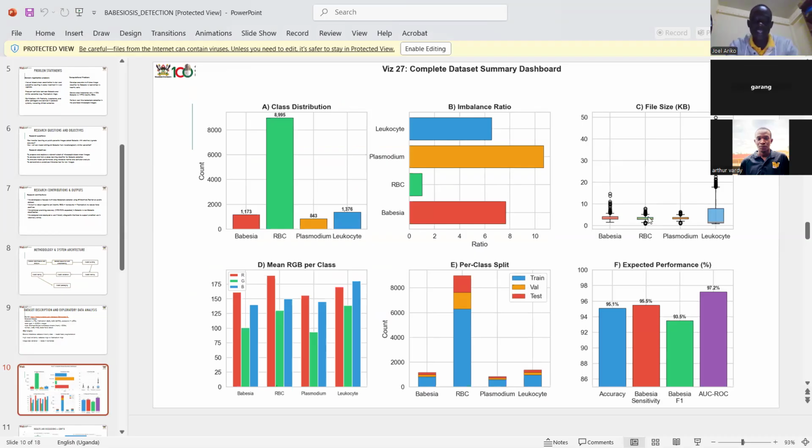Okay, all right. So briefly, as the former presenter has done, let me take you through the EDA results. As you see before me, these are the complete dataset summary dashboards where we pasted the EDA results, the visualizations, and so on. The first one is the class distribution.